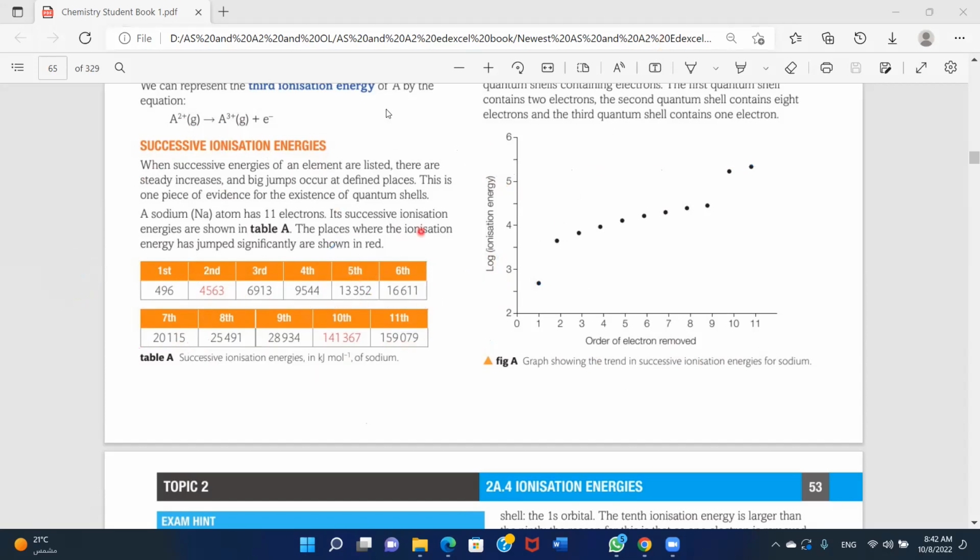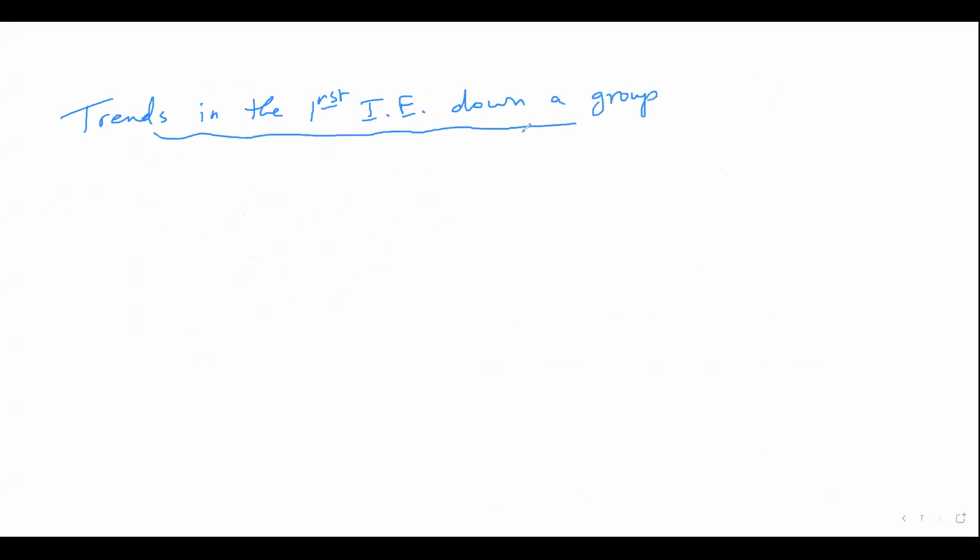Okay, now we want to see what is the trend in the first ionization energy down a group.